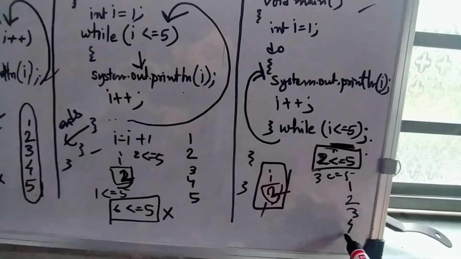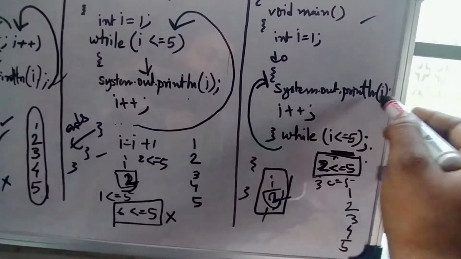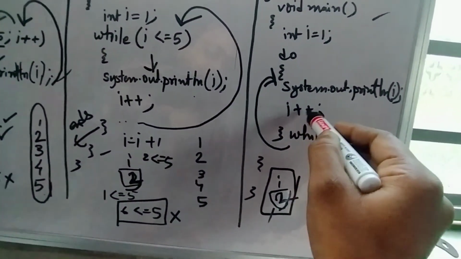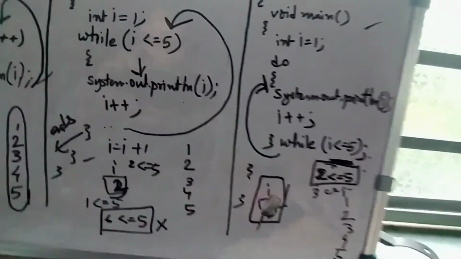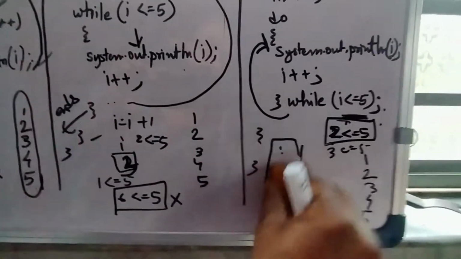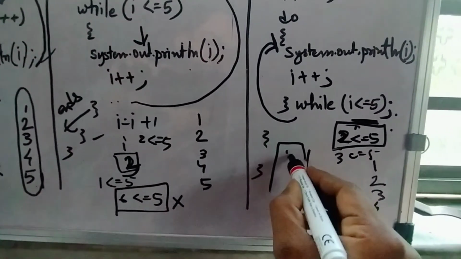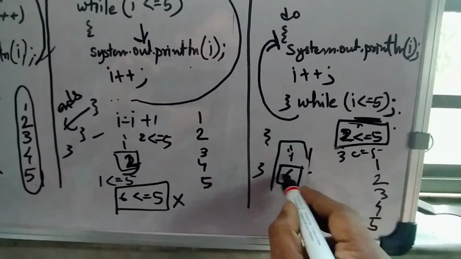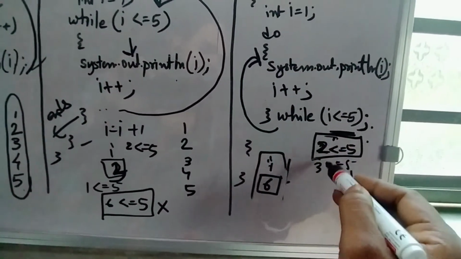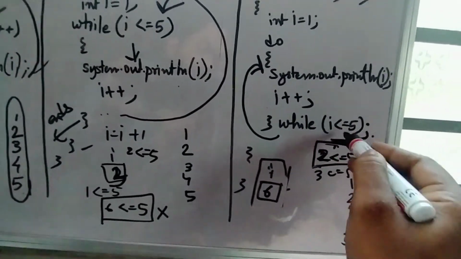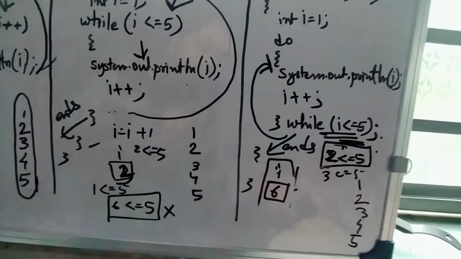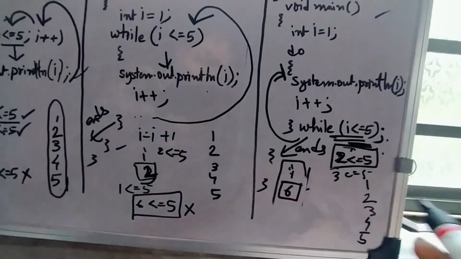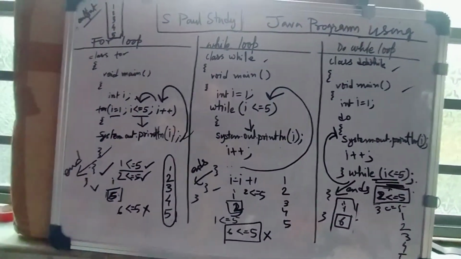Like this way 4 and 5. Once 5 is printed, it is increased by 1 to 6, and now the value of i is 6. 6 is checked with 5. The condition doesn't match here, hence the loop ends, and we have the ending of the program.